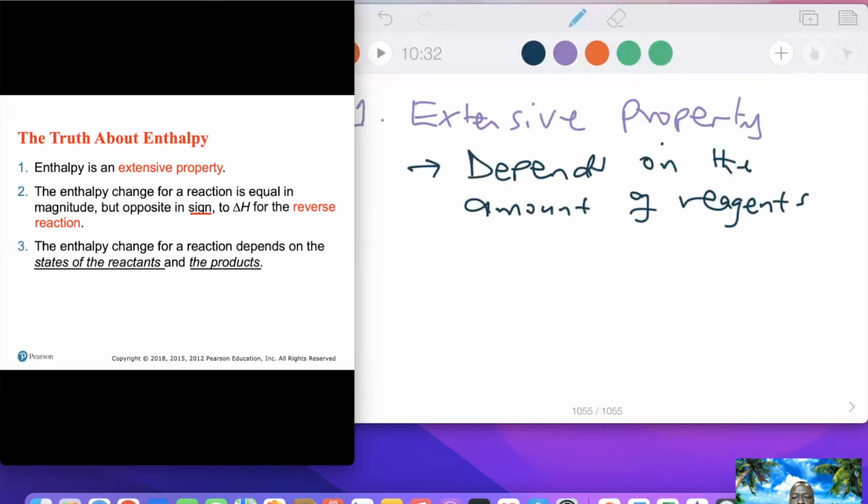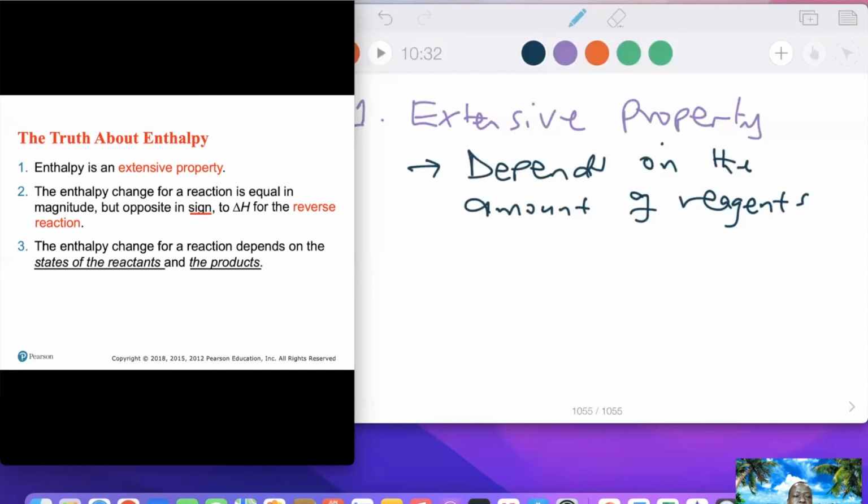Remember extensive property, intensive property. Extensive properties are those properties which depend on the amount of matter present. So enthalpy or heat of reaction of course depends on the amount. If you have a large amount of hydrogen gas and oxygen gas to form liquid H2O, the more you have of the reagent, the more heat energy will be given off for an exothermic reaction. So remember, it depends on how much of the reagents you have.